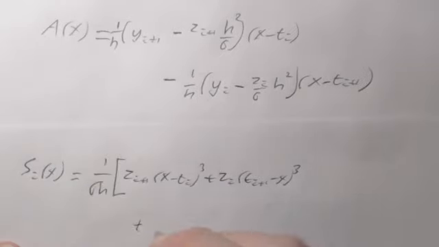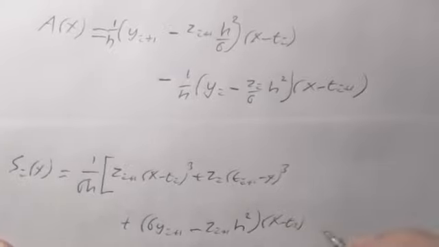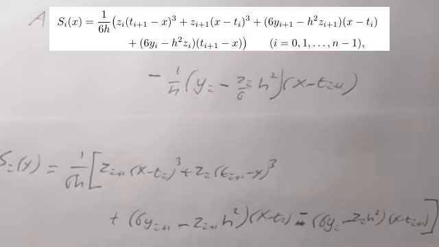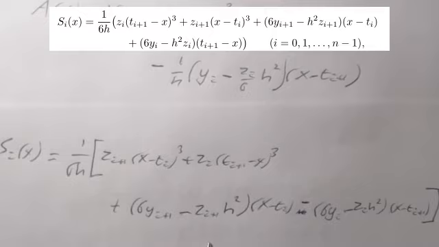So we have plus 6 yi plus 1 minus zi plus 1 h squared x minus ti plus 6 yi, sorry, that was meant to be a minus, 6 yi minus zi h squared x minus ti plus 1. And is that exactly what they have? Let's see.